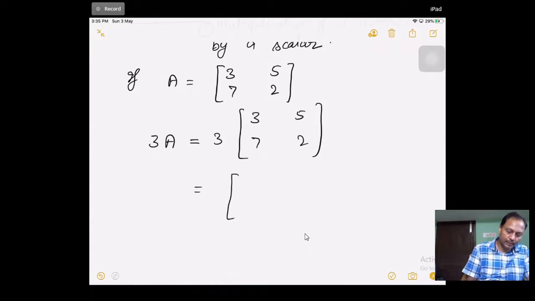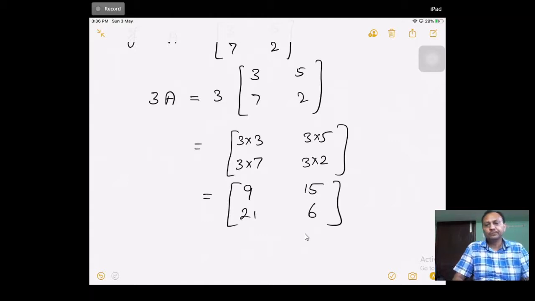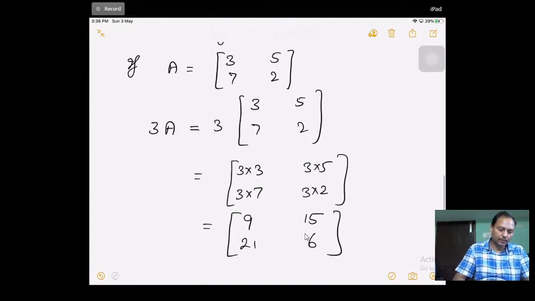Then the matrix 3A will be 3 into 3, 3 into 5, 3 into 7, 3 into 2, and the resulting matrix will be 9, 15, 21, 6. So this is the matrix obtained after multiplying by 3.